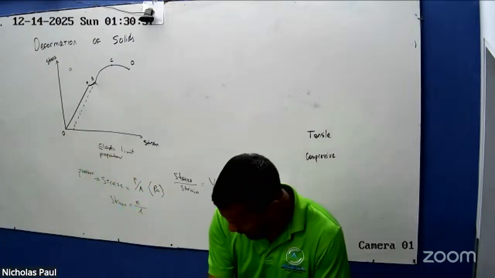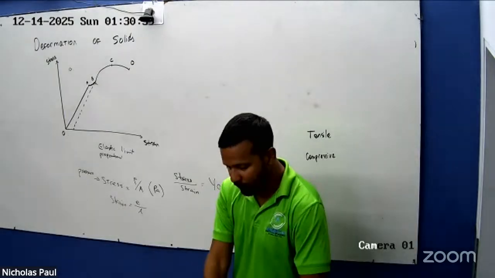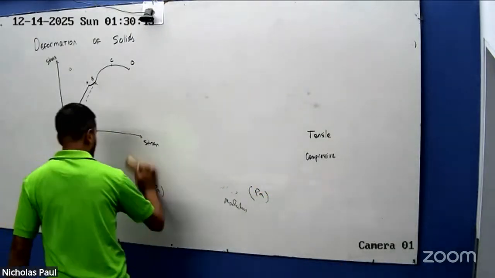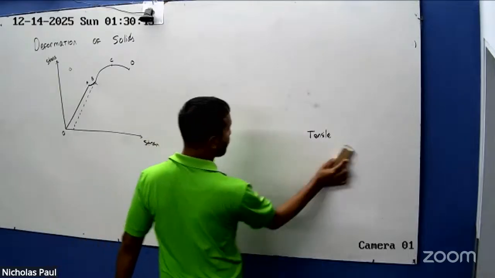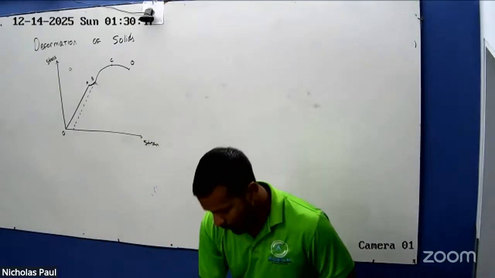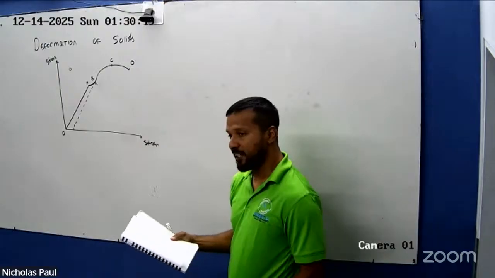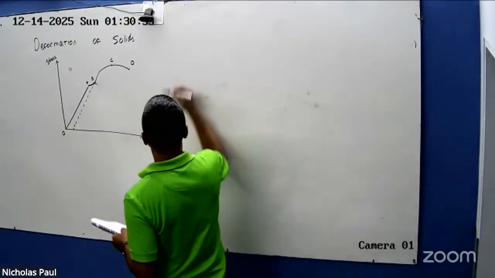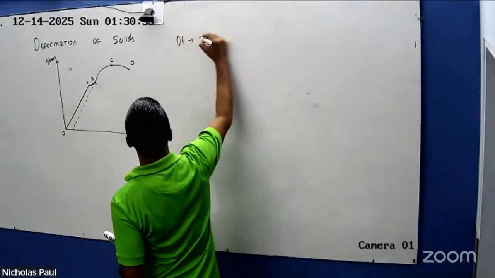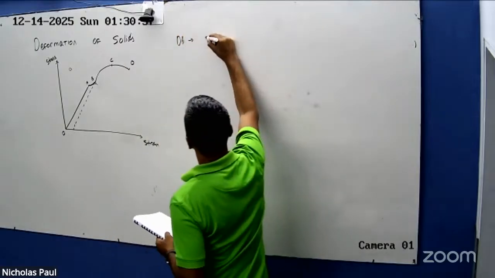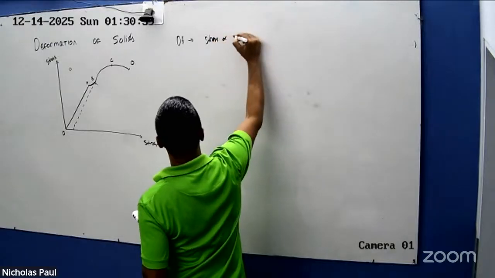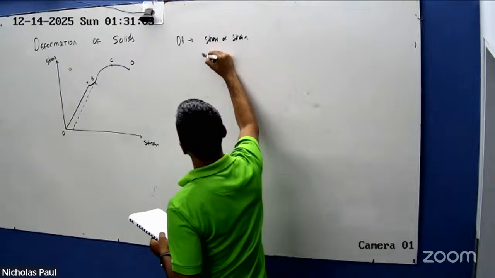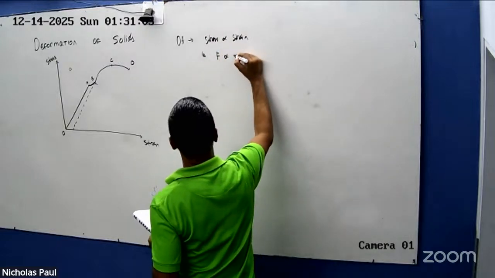All right, good. Take this small note down. From O to A is a straight line through the origin. Stress is proportional to strain. That is, force is proportional to extension.